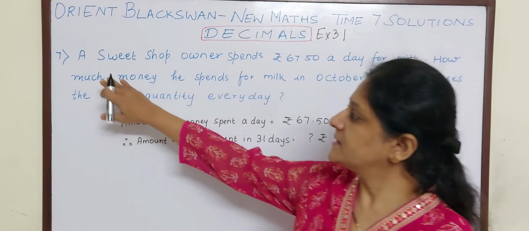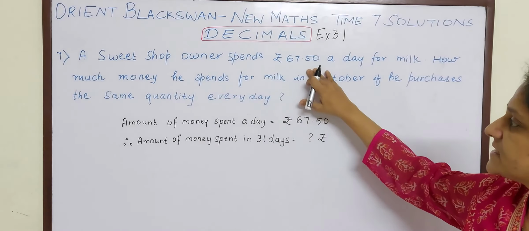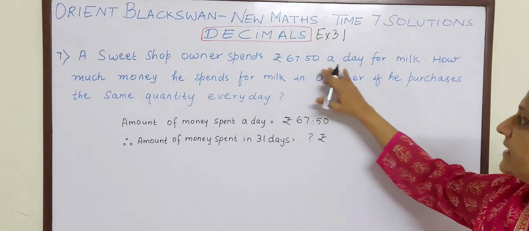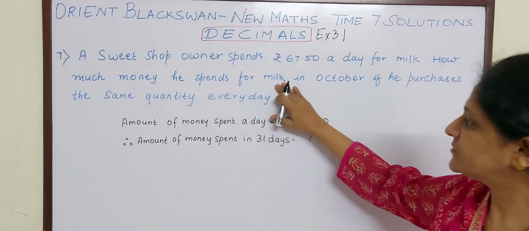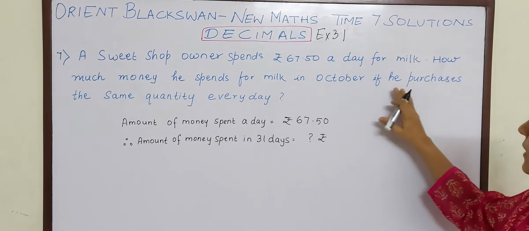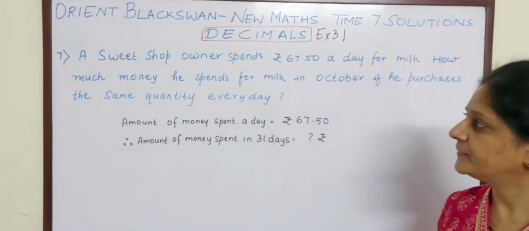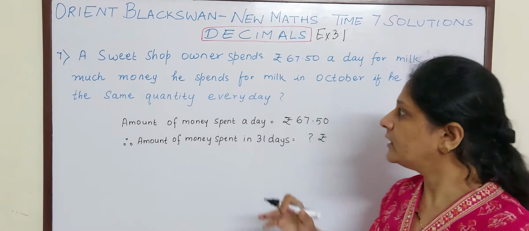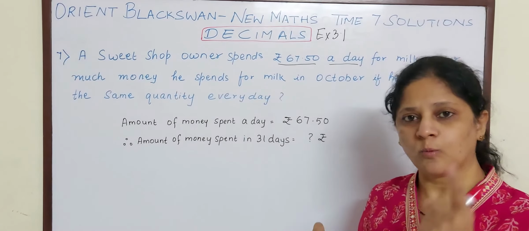So our next sum is, a sweet shop owner spends 67 rupees 50 paise a day for milk. How much money does he spend for milk in October if he purchases the same quantity every day? That means there is a sweet shop owner. He is spending this much a day. A day means one day.